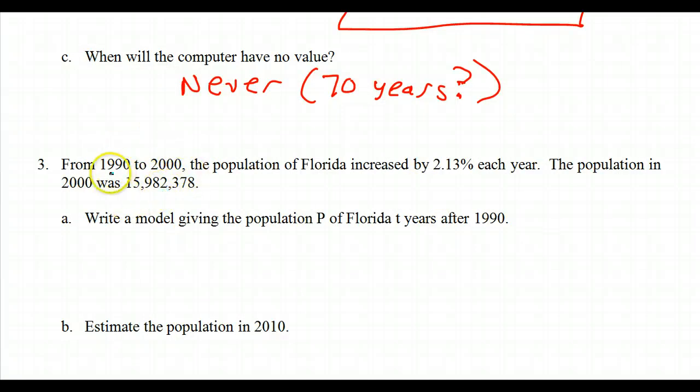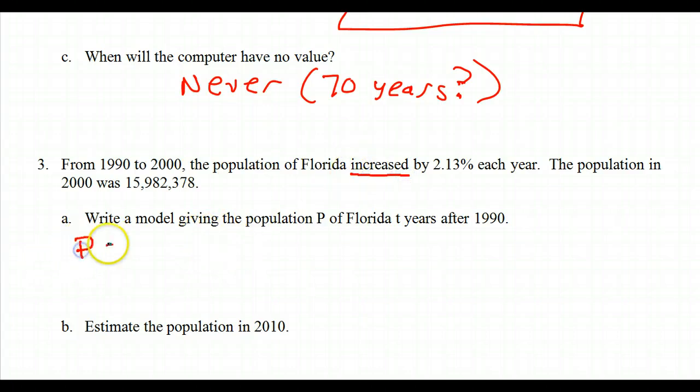Looking at number 3. Between these years, the population of Florida increased by 2.13% each year. All right, in 2000, the population was this. Write a model giving the population P of Florida t years after 1990. Okay, well, we're talking about increasing, so that's exponential growth.